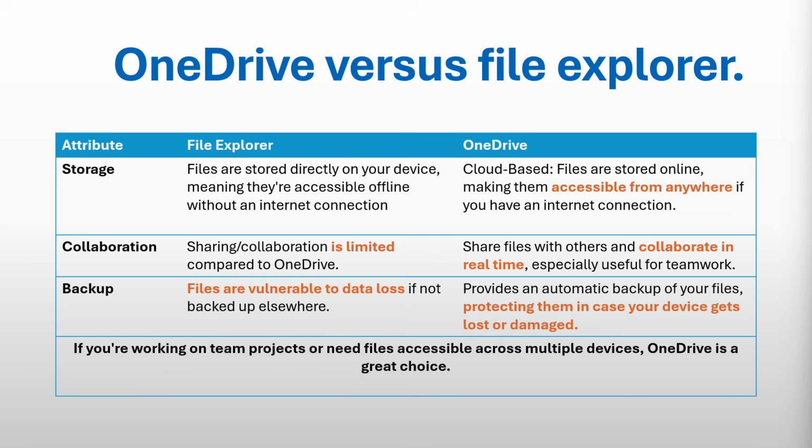And so in that case, you're protected in case of an emergency. So overall, if you're working on team projects or need files accessible across multiple devices, OneDrive is a great choice. And that is why it is being used by many, many businesses on a global scale.